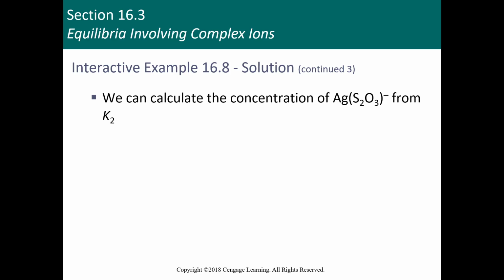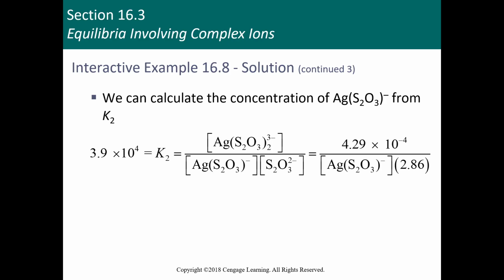So let's calculate the concentration of the AgS2O3 from our K2. So again, this is our K2. This right here is our concentration of this AgS2O3 from our K2 equilibrium expression. And this right here is going to be our concentration of that S2O3.